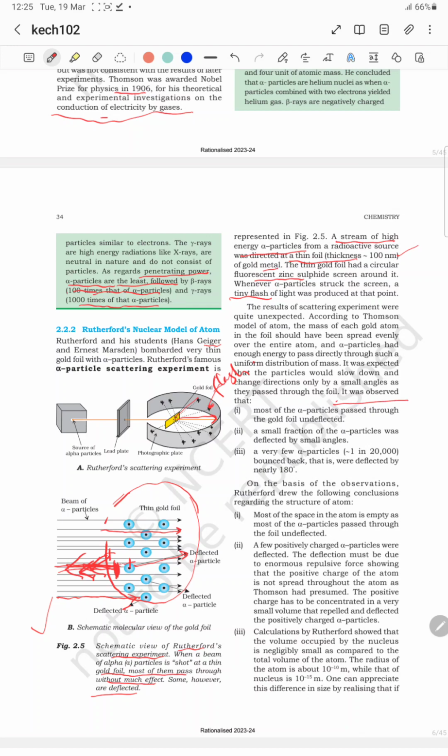Most of the alpha particles pass through the gold foil undeflected. A small fraction of the alpha particles was deflected by small angles. ये small angle से deflect हो गया.